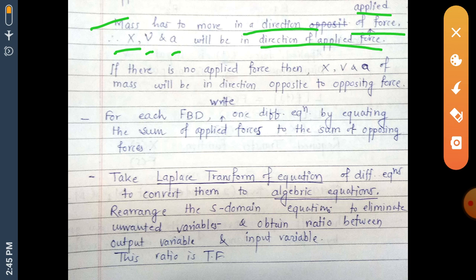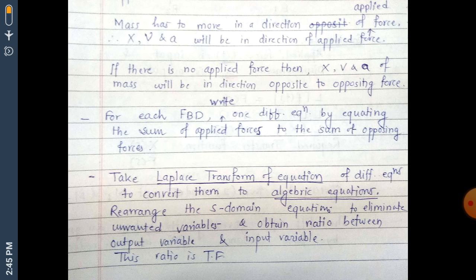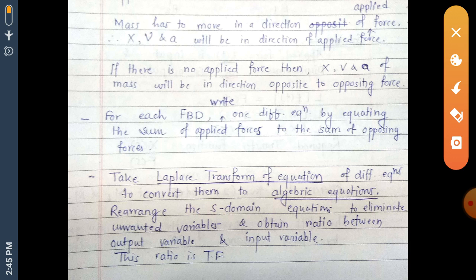We will consider that in the exact example. But if there is no applied force, then x, v and a of the mass will be in the direction opposite to the opposing forces. So x is indicated as displacement, v as velocity and a as acceleration.